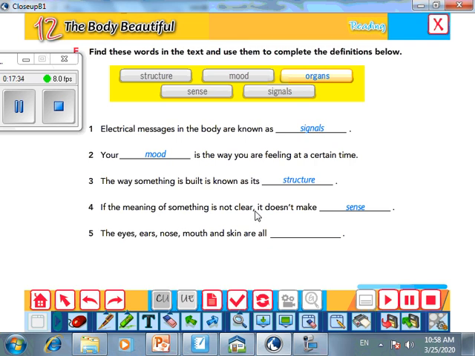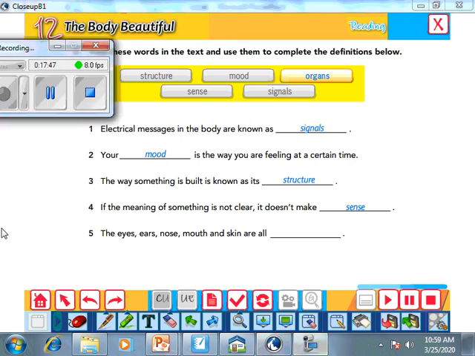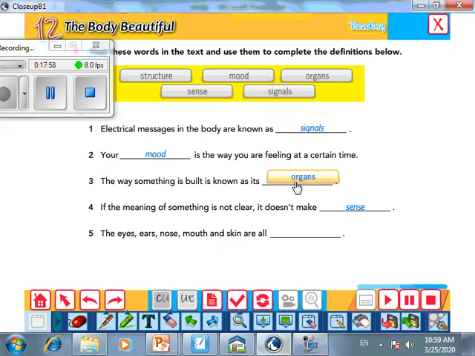When I say any ambiguous word, like for example, tercentennial, you don't understand it, so it doesn't make sense. Number 5. The eyes, ears, nose, mouth, and skin are all blank. Yes, organs. They are our organs.